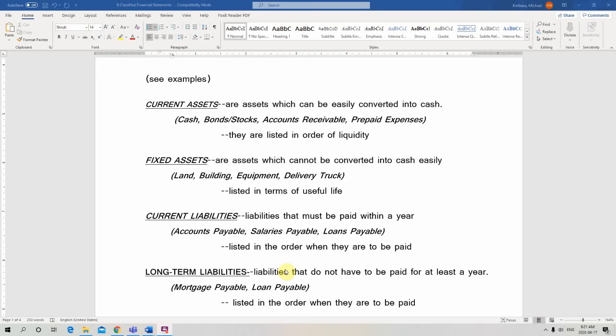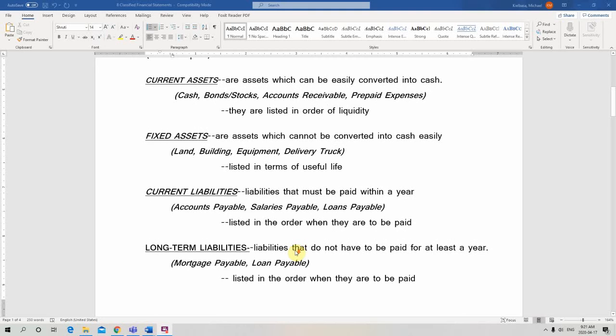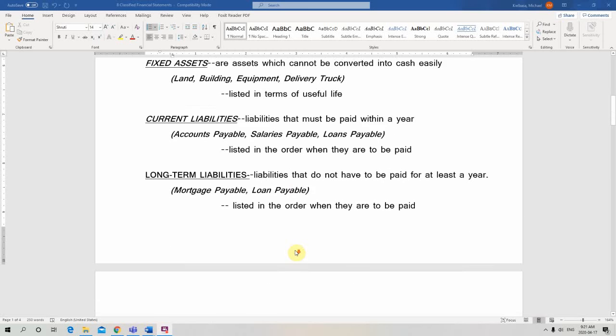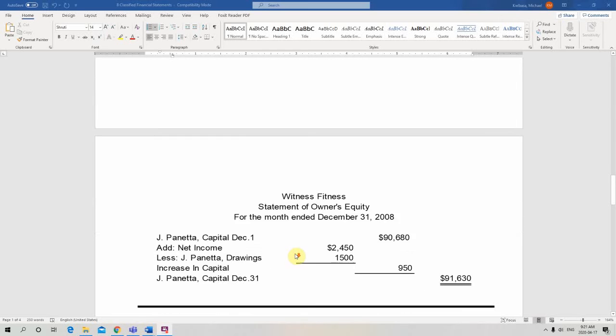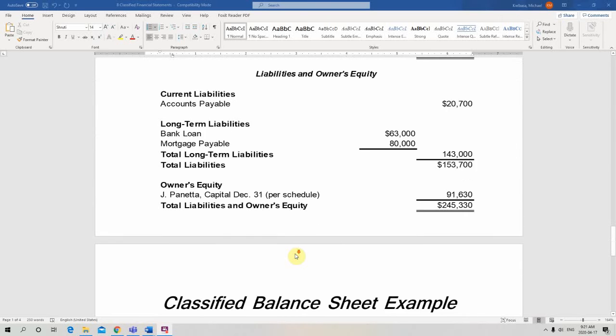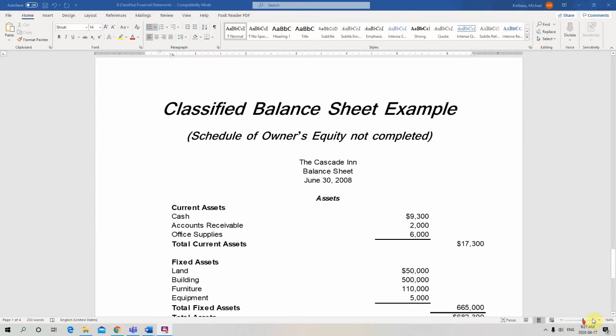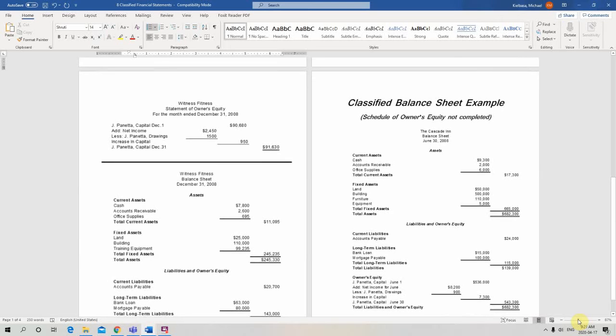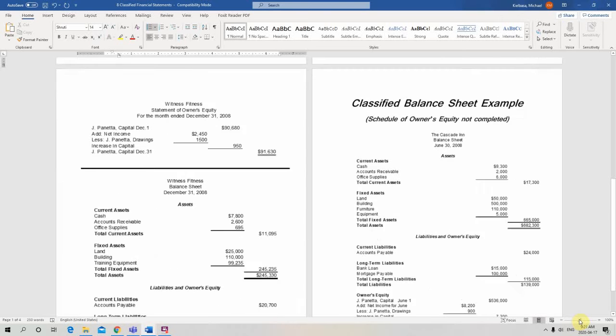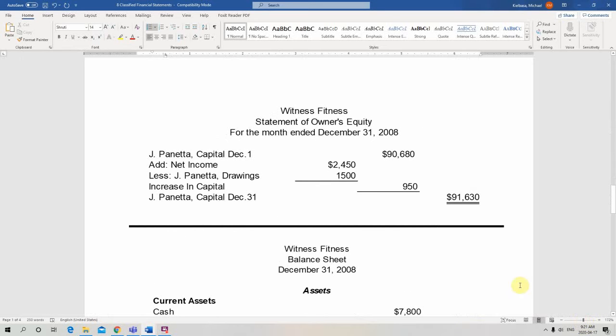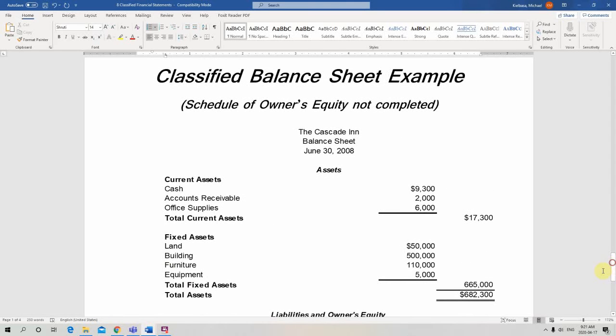Now, I'm going to scroll down to the bottom of the note, and I'm going to show you an example of a classified balance sheet. All right, so here's our classified balance sheet. You'll notice that the title still stays the same.